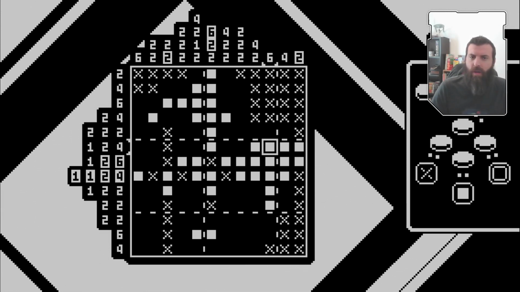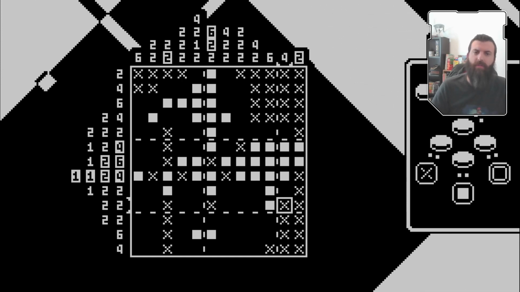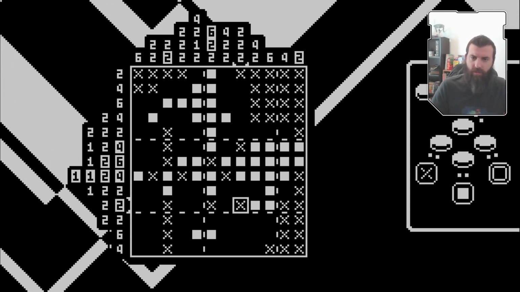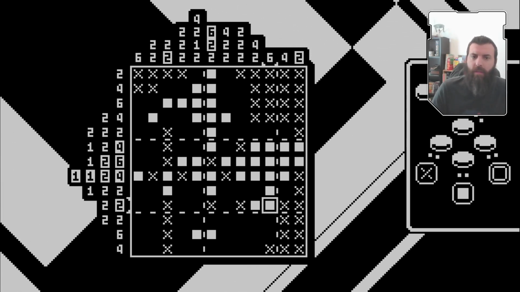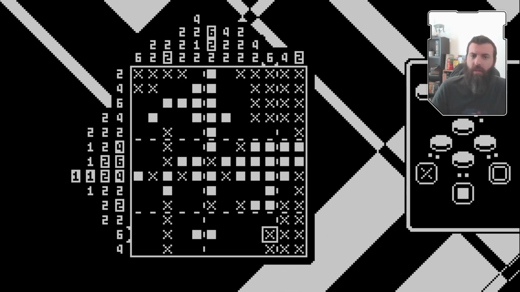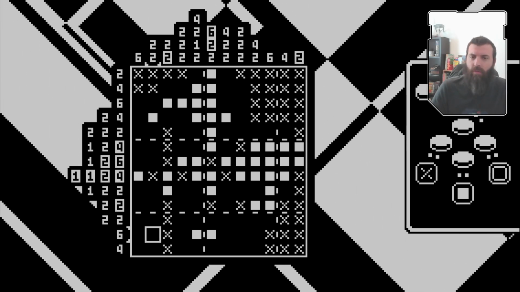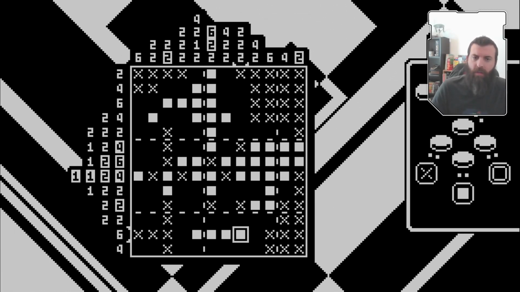This also gives a right edge for this horizontal 4 over here. One more pixel of certainty on this vertical 4 over here, which is the right edge for this 2. That gives us one more pixel of certainty on vertical 6. Out those pixels from the 6.